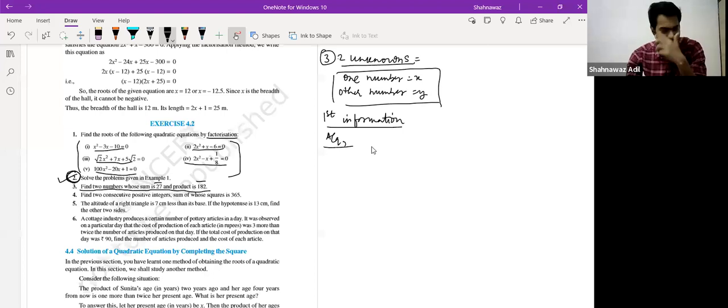Yes, sir. The sum of these two numbers is 27. So what should I write? Let's say we don't know that 27 is the sum. These are the two numbers, X and Y. So what would be the sum of these two numbers?